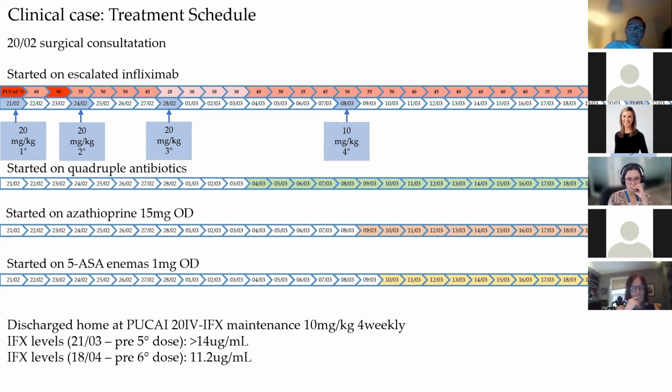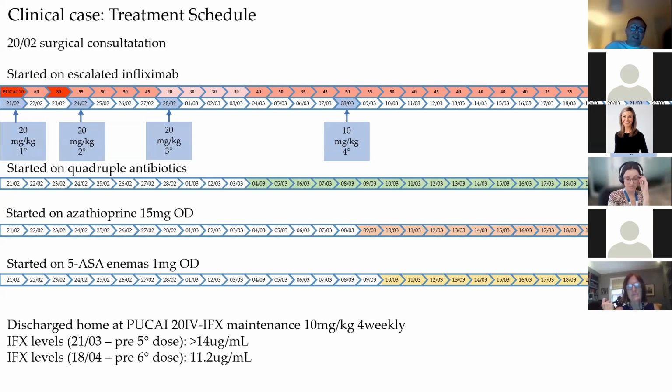As we were waiting on a full infliximab effect, we did also add in quadruple antibiotics, so Jerusalem cocktail, as you'll be used to. We started a thiopurine, and we also added in some mesalazine enemas. It worked. I was very worried that she was going to need a colectomy. I haven't gone through the referral to the surgeons, but the surgeons were made aware of this patient on admission and kept up to date with her progress.